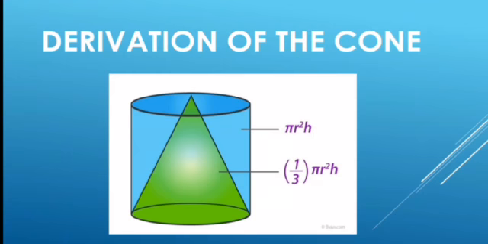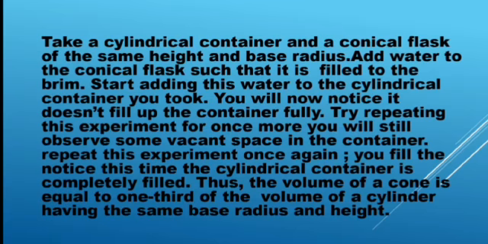Derivation of the volume of the cone. I will explain it through an activity. Take a cylindrical container and a conical flask of the same height and base radius. Add water to the conical flask such that it is filled to the brim. Start adding this water to the cylindrical container you took. You will notice it doesn't fill up the container fully.